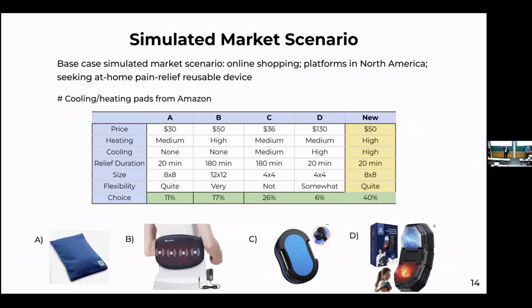This is an electric powered heating device, and these 2 are able to cool down or heat up, but they are smaller and they are not flexible. So that's what we ran for our comparison. We ran it with a $50 price, and the competitors' prices range from $30 to $130.